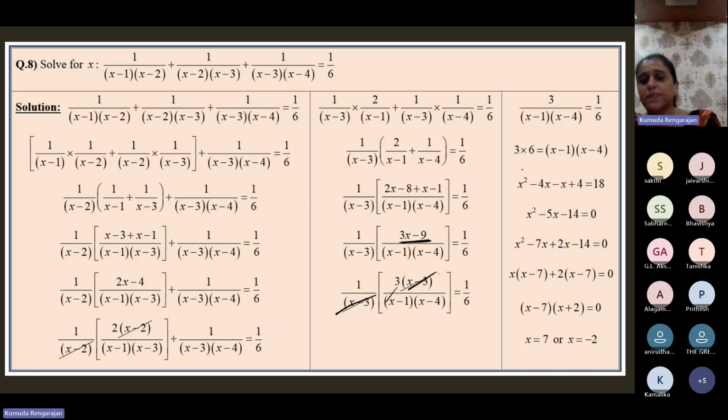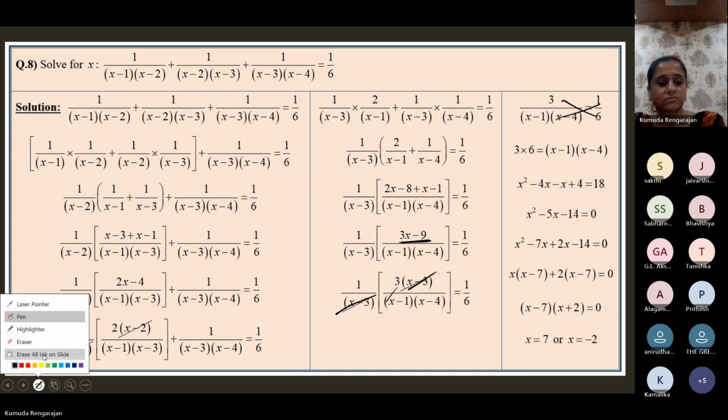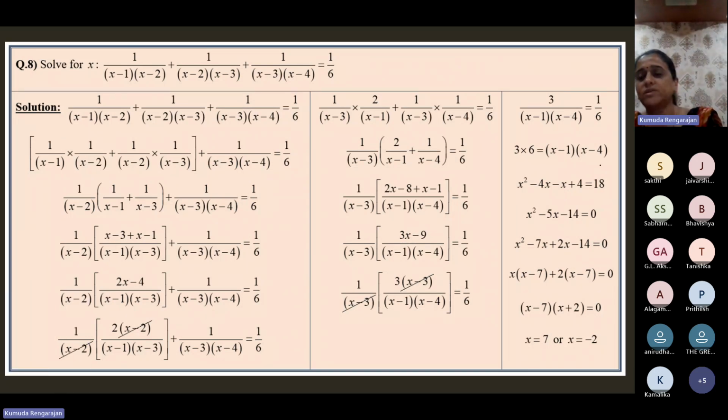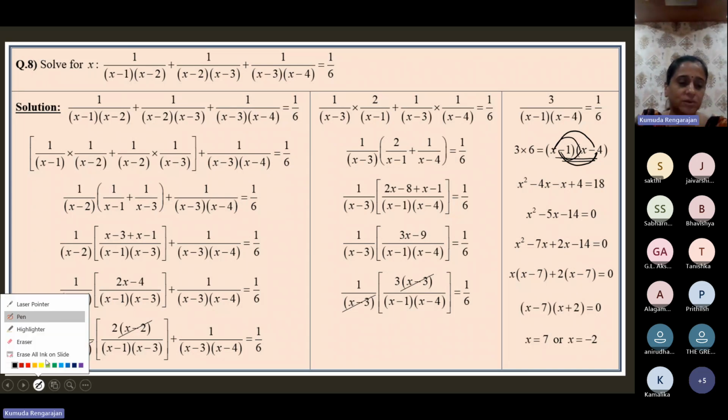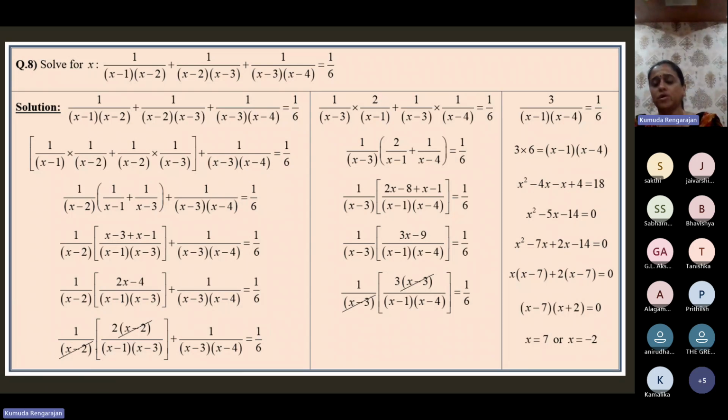Cross multiply. 3 into 6 is equal to x minus 1 into x minus 4. So open the bracket here. x squared minus 4x minus x plus 4 is equal to 18. Bring all the terms to one side.